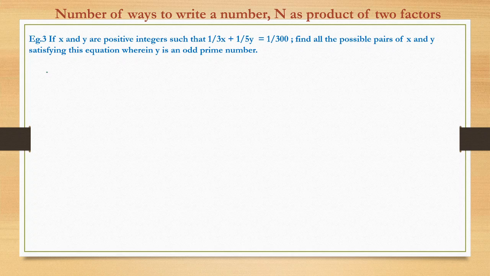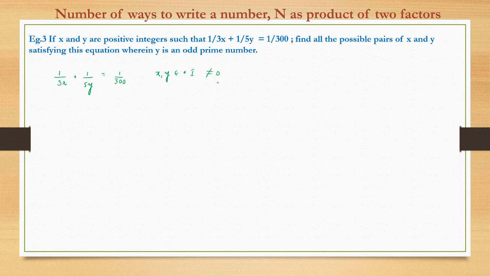Now, the third example we see: x and y are positive integers such that 1 by 3x plus 1 by 5y is nothing but 1 by 300, where x and y belong to positive integers and certainly are not equal to 0, right?